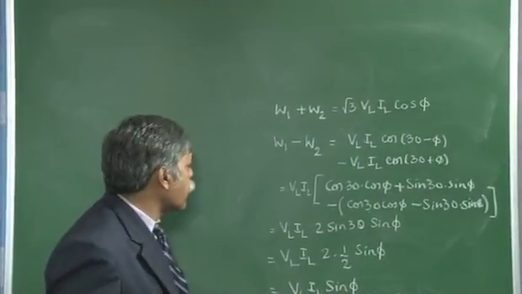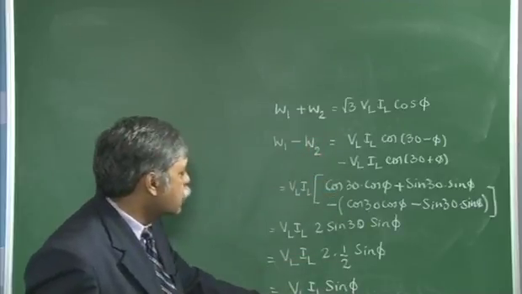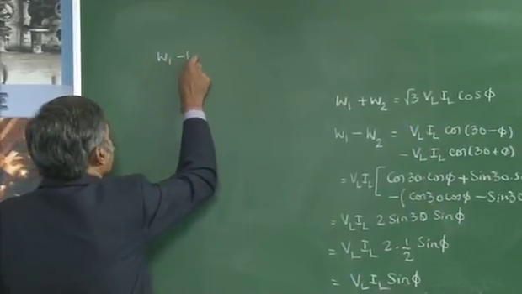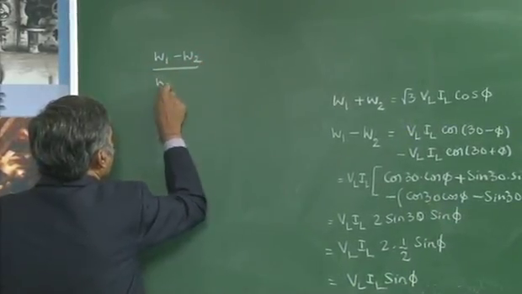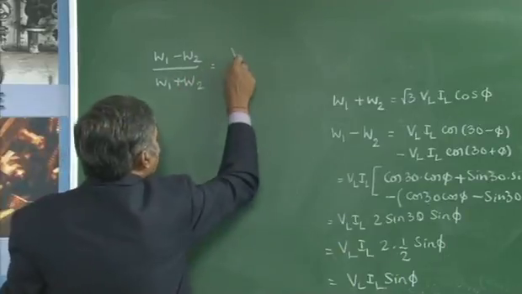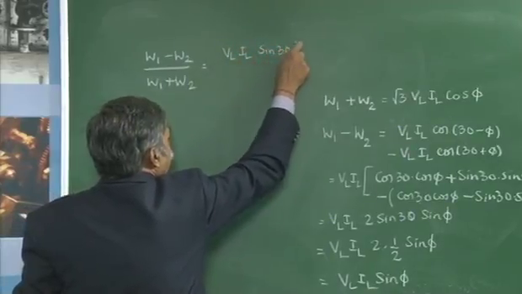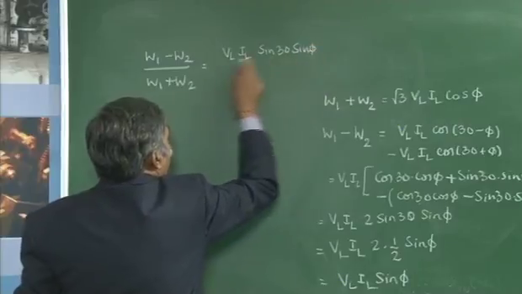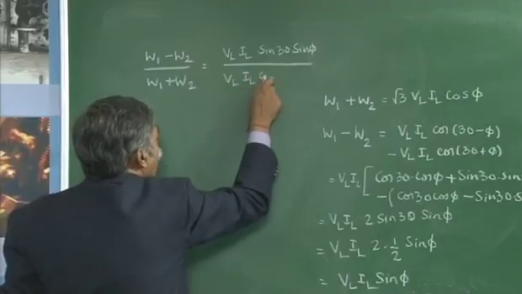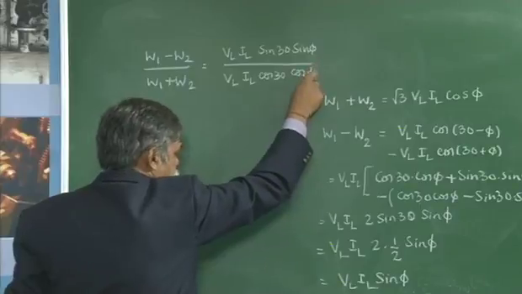I have W1 plus W2 like this, and W1 minus W2 given by this term. So if I write down W1 minus W2 divided by W1 plus W2, I will be getting an expression of VL IL sin phi divided by VL IL cos phi.